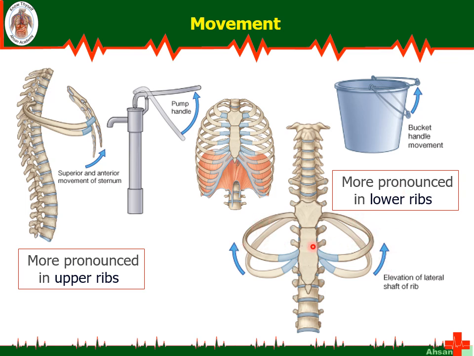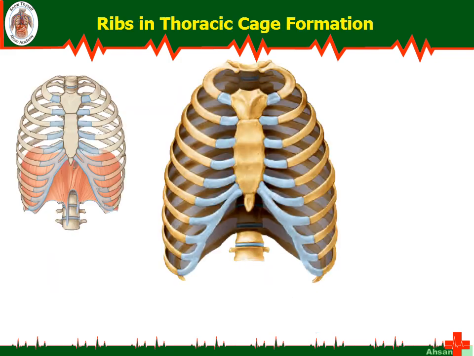So in either case, the thoracic cavity will increase in size, so negative pressure will be there, and inhalation of air into the lungs will occur. So movement of the ribs causes inhalation, and the return to position is a passive movement because of the relaxation of the muscles, causing exhalation.